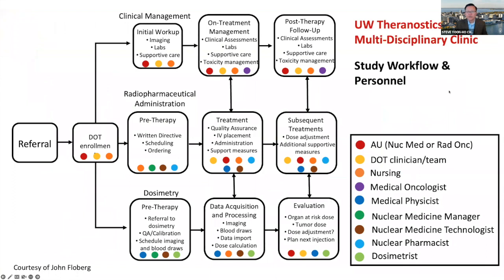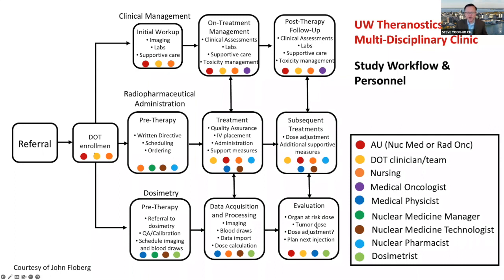And then for our multidisciplinary clinic or for our clinical research studies, there's clinical management for these patients, but once there's DOT enrollment for these studies, there's the role of a multidisciplinary team looking at the radiopharmaceutical administration, pre-therapy, the treatment and subsequent treatment adjustments, and then any dosimetry that's going to be done in these trials.